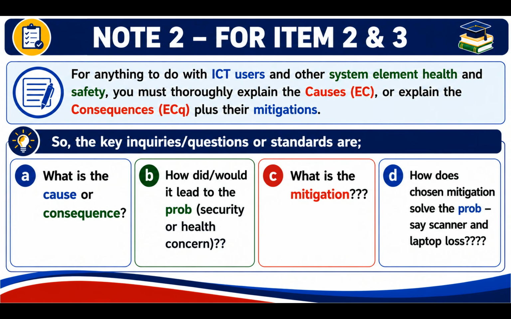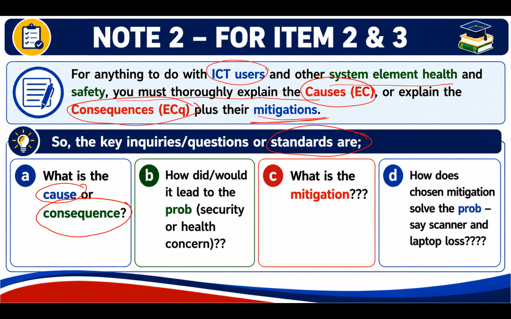for anything to do with the ICT users and other system elements, that is health and safety, a learner must thoroughly explain the causes or the consequences plus their mitigations. And in doing so, they must adhere to the following standards. What is the cause? If the item is calling for a cause, or what is the consequence for that case?